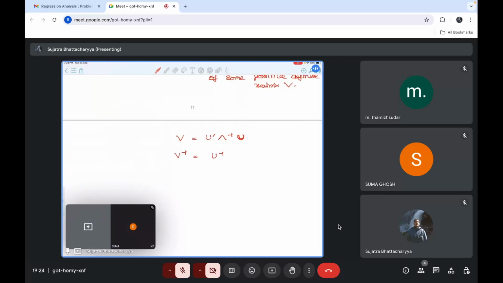Just U inverse lambda U prime inverse. Okay, what is this lambda? Lambda is a diagonal matrix of eigenvalues, and U is the matrix of eigenvectors. So this is how the decomposition is done.